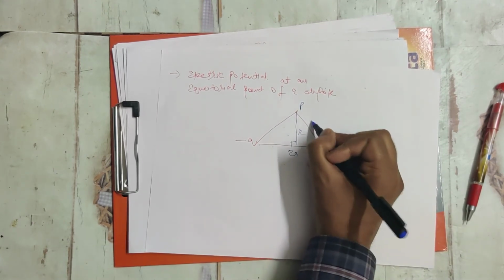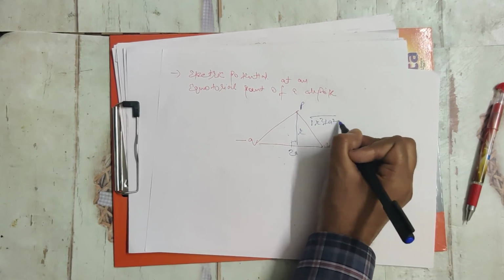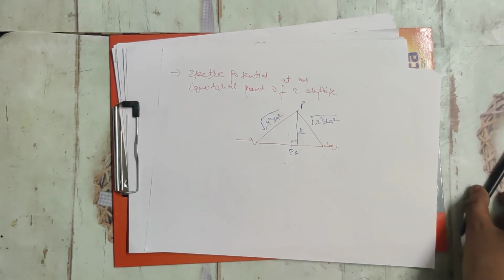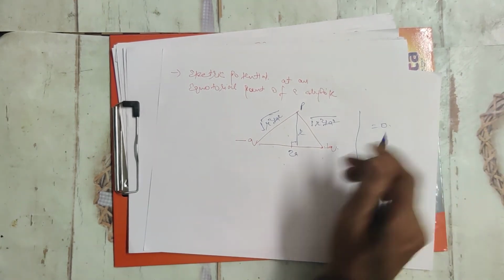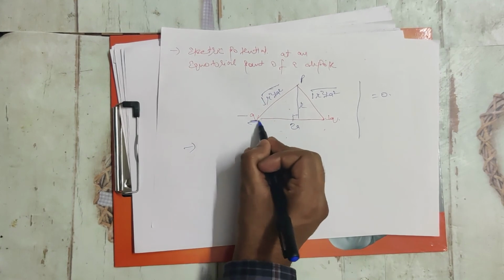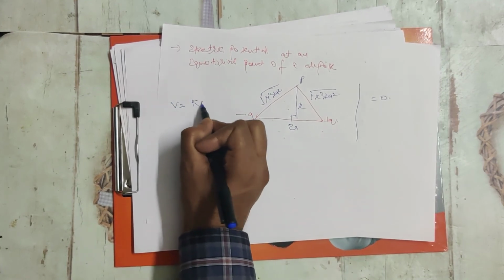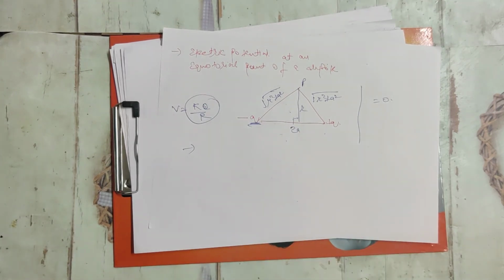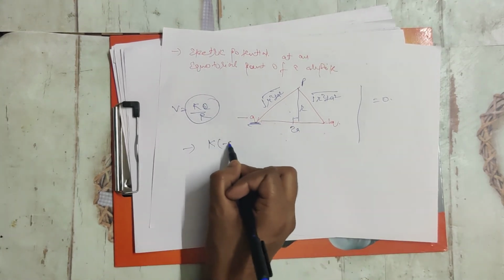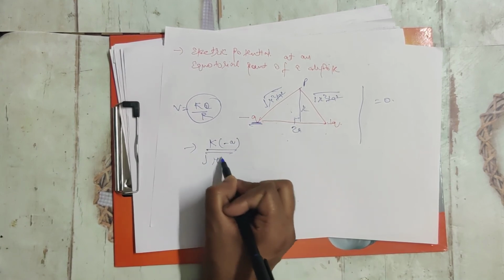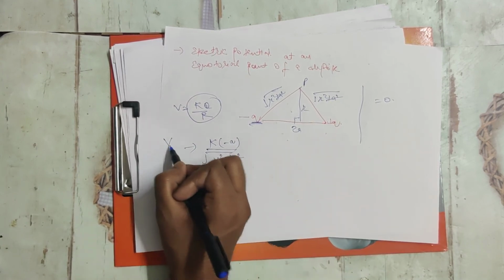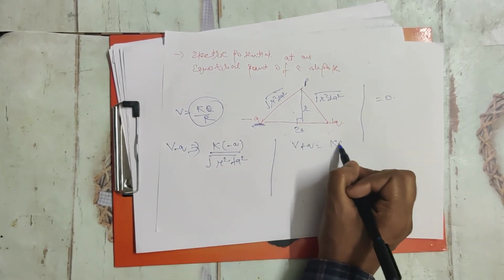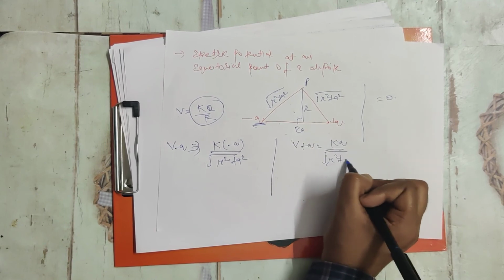So according to Pythagoras, you can say that it would be R square plus A square, and this was also R square plus A square. It is very simple. You all can say that its answer is 0. Why? You can see that both charges have the same distance and the same magnitude but opposite sign. The potential due to minus Q is K into minus Q divided by the square root of R square plus A square, and due to plus Q it would be KQ over the square root of R square plus A square.